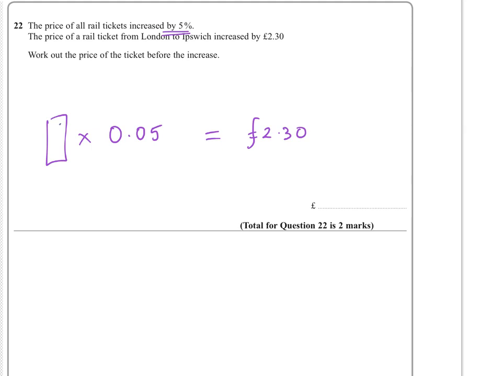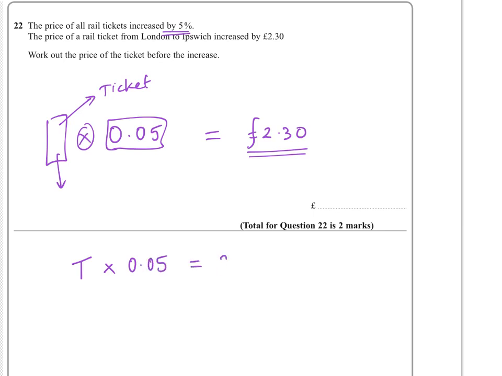And so for argument's sake, we've got our ticket here. We've times by 0.05, which is a 5% increase, and we've ended up with this. So if I write this out, and I'll just call the ticket T, so T times 0.05 equals 2.30.